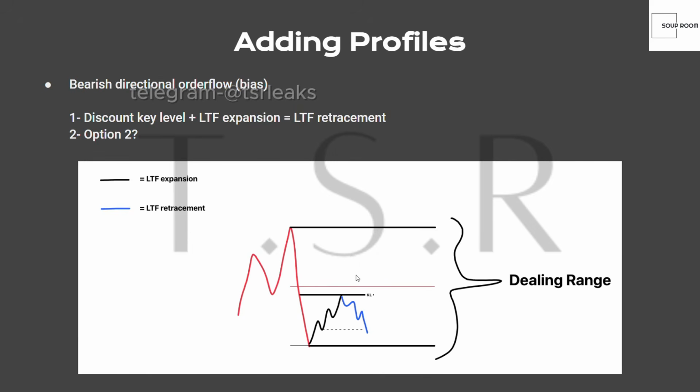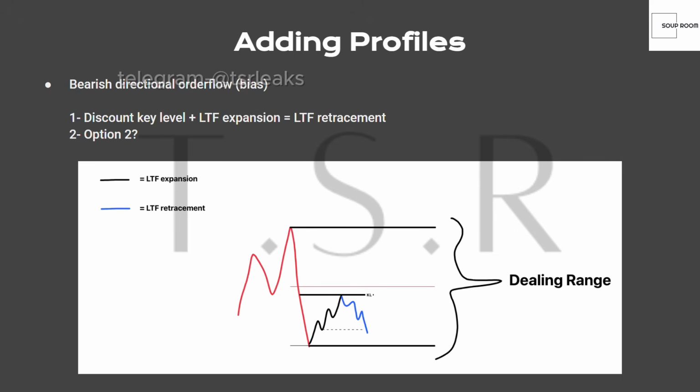Because we did not hit the fair value of the dealing range and neither the premium. Price will need to fetch a premium in order to continue heading lower. Not all the time, but in high probability scenarios. And we will only be focusing on the higher probability scenarios. Why? Because we want to filter out lower probability situations.